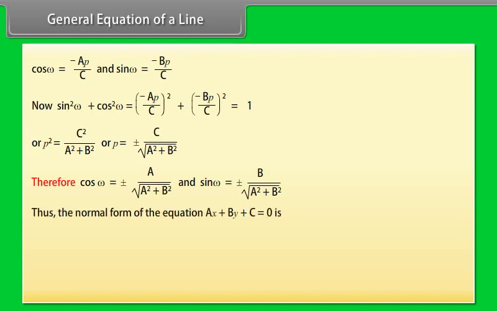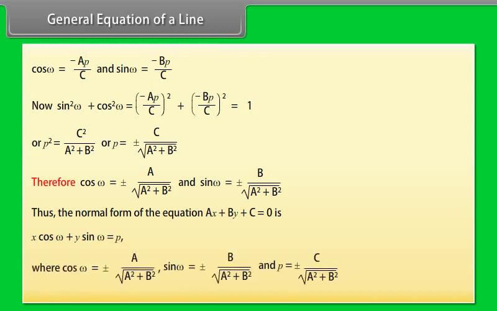Thus, the normal form of the equation ax + by + c = 0 is x cos ω + y sin ω = p, where cos ω = ±a/√(a² + b²), sin ω = ±b/√(a² + b²), and p = ±c/√(a² + b²).